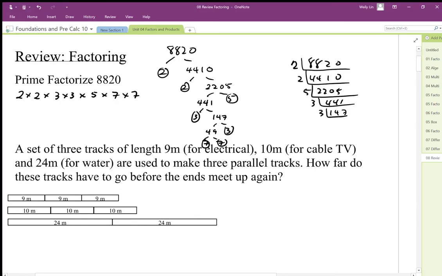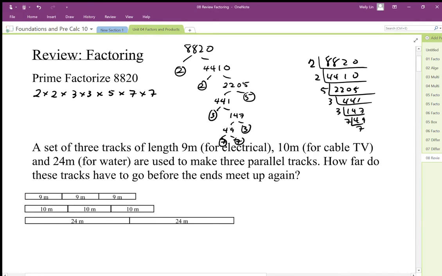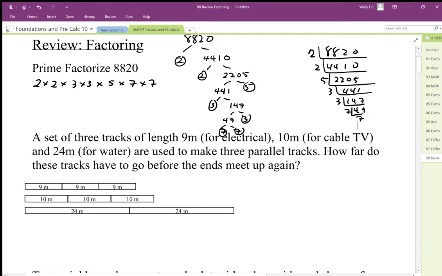Divide by 3 again, and then I end up with all our factors along the outside here. So there's lots of different ways, but we need to be able to factor numbers to be able to break up into prime numbers, and also when we're factoring trinomials, it's good to know your factor pairs as well.